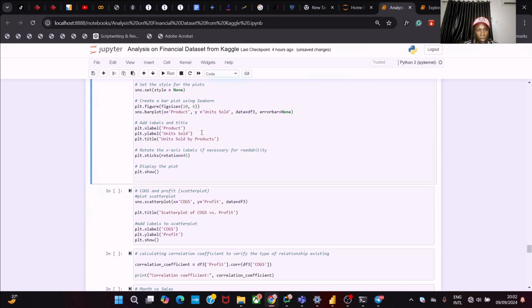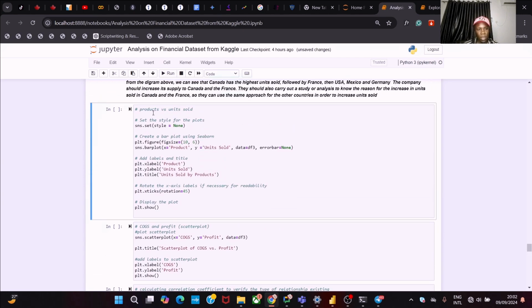The next visualization we are going to look at is products versus units sold. In this bivariate analysis, we are trying to know the products with the highest unit sold. Remember that this company deals in different products.